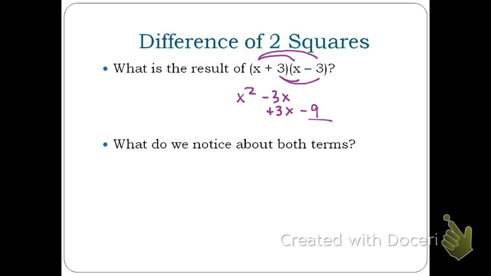Now when we simplify, the 3x's cancel each other out, and we are left with x squared minus 9. That's what we would come up with for that.